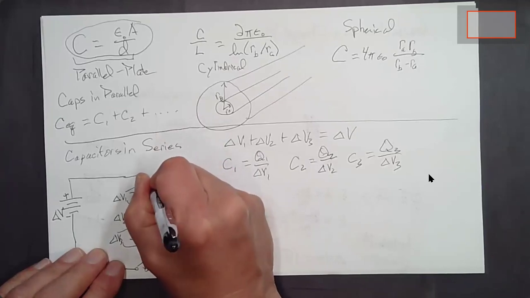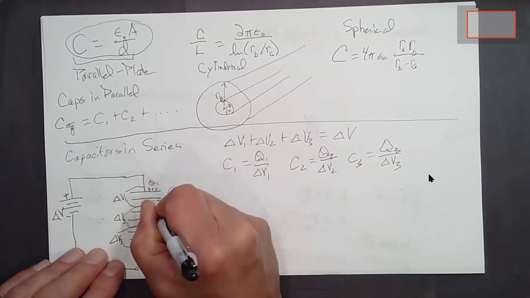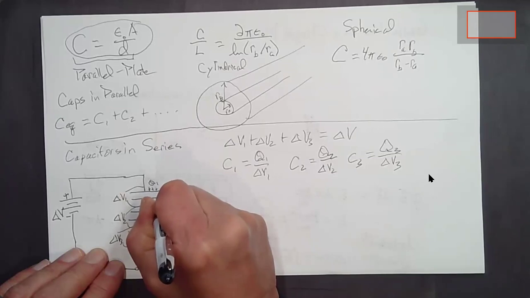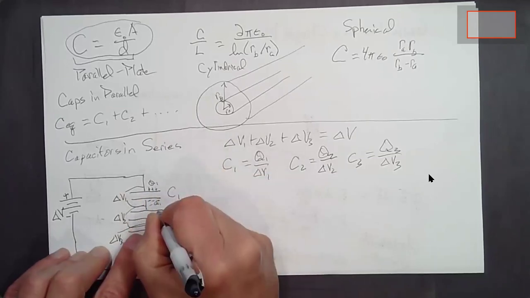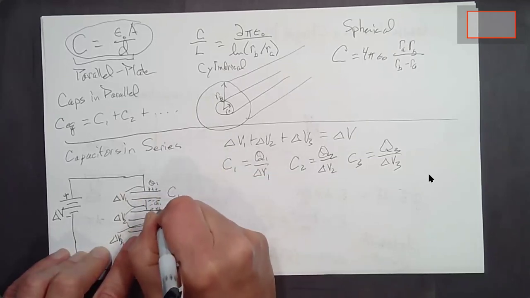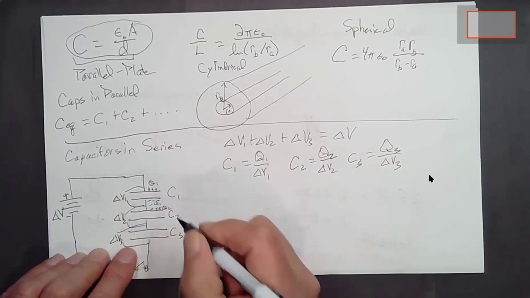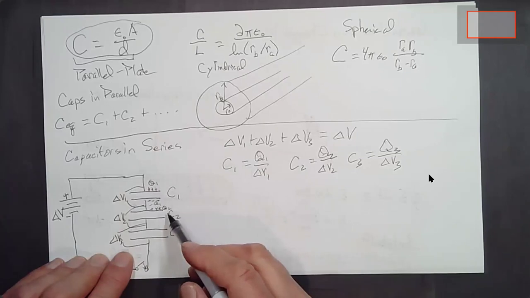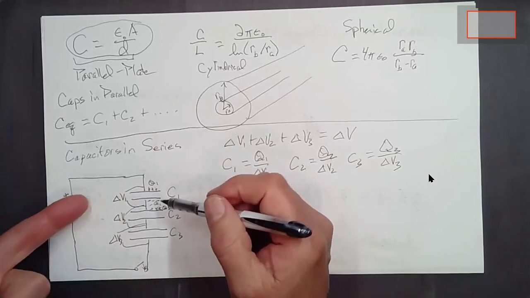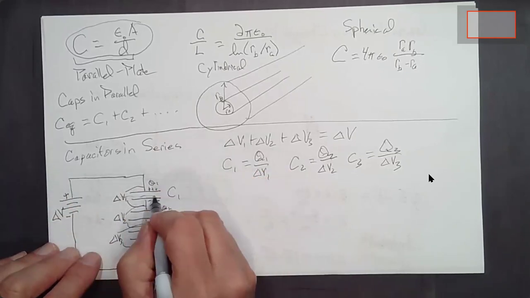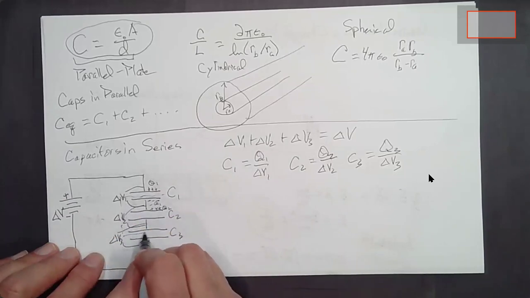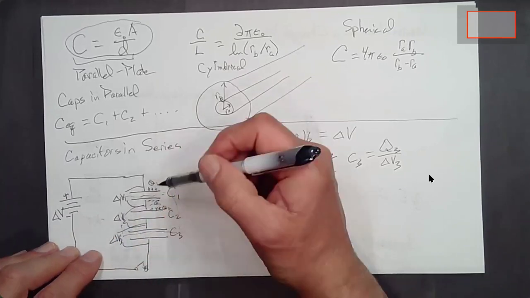So this will be Q1. This will be minus Q1 down here. There will be positive charge on top of C2, which will be Q2. And I know I'm writing that way too small, but here's the thing. This entire part of the circuit has no electrical connection.